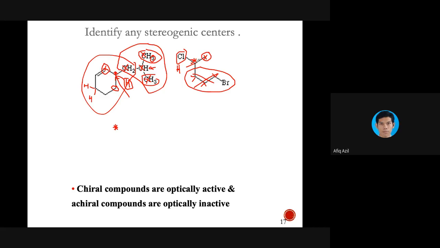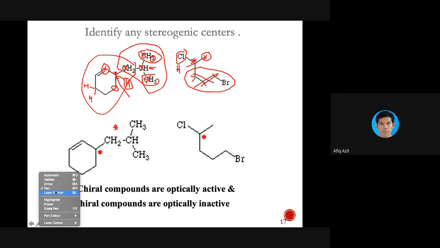Chiral compounds are optically active, while achiral or non-chiral compounds are optically inactive. So this is the carbon that is a chiral center, and this is the carbon that is a chiral center.